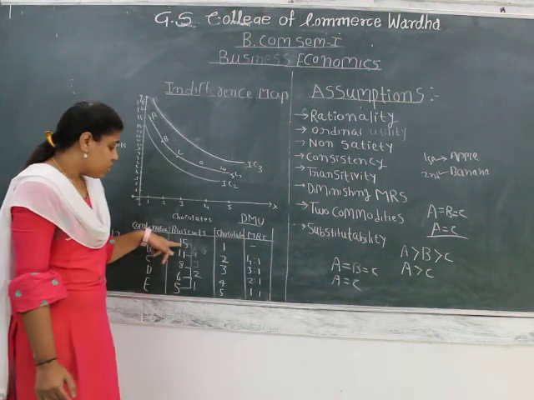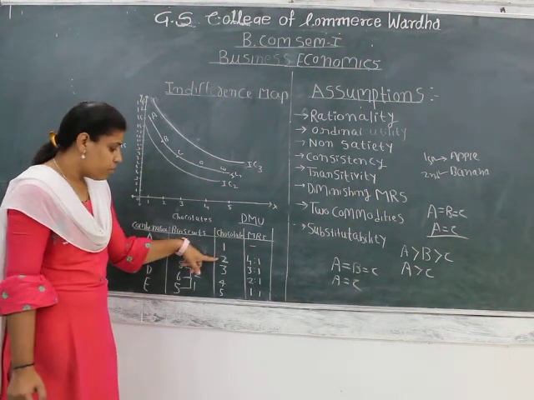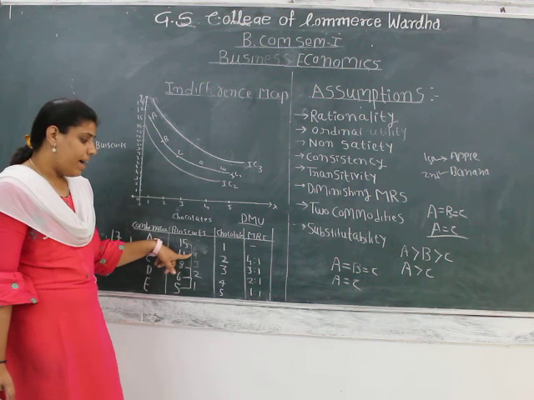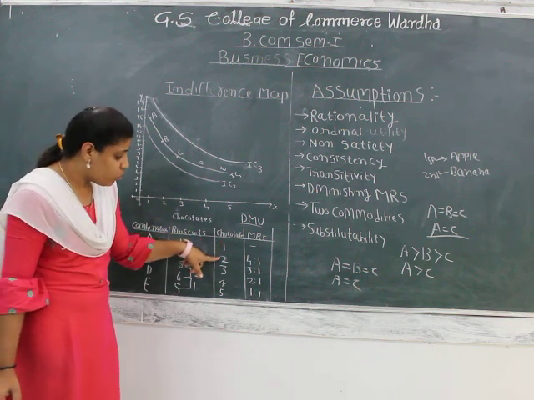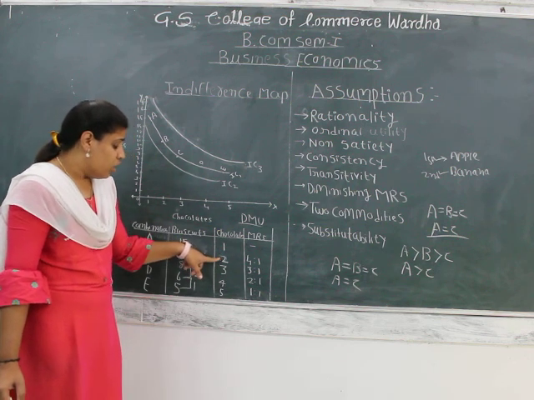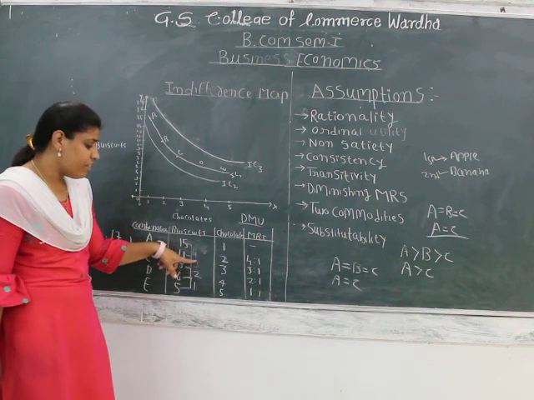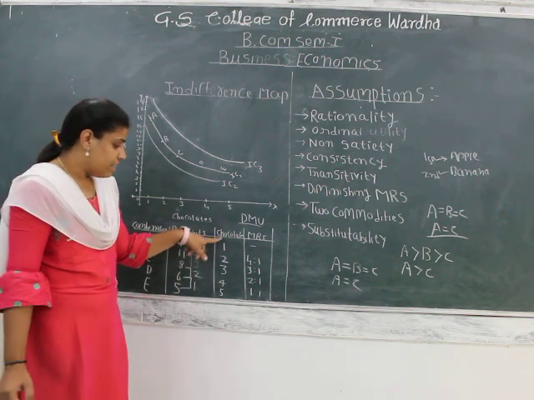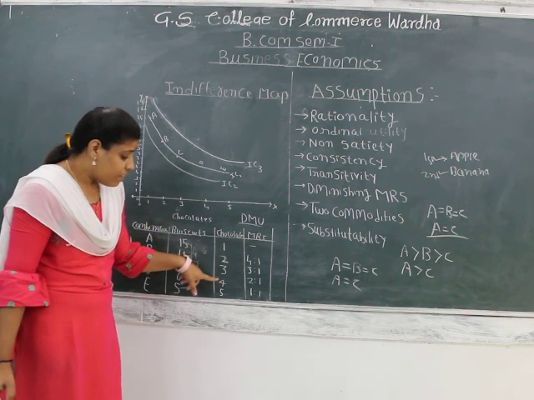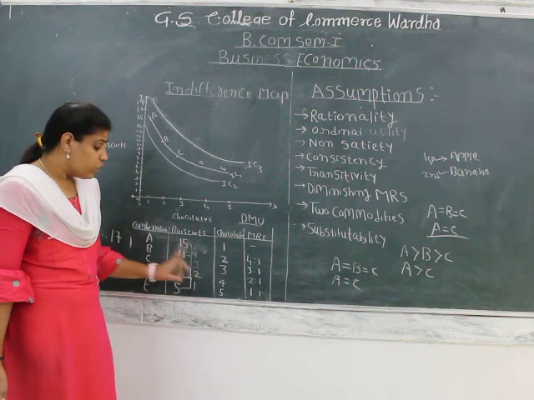Earlier, when the consumer has 15 biscuits and 1 chocolate, for obtaining 1 more chocolate the consumer was ready to sacrifice 4 units. But when he has got 1 more unit of chocolate and the chocolate has become 2, for obtaining the third unit he is ready to sacrifice only 3 biscuits. And then after having 3 units of chocolate, for having an additional unit, that is the 4th unit, he is sacrificing only 2 biscuits.